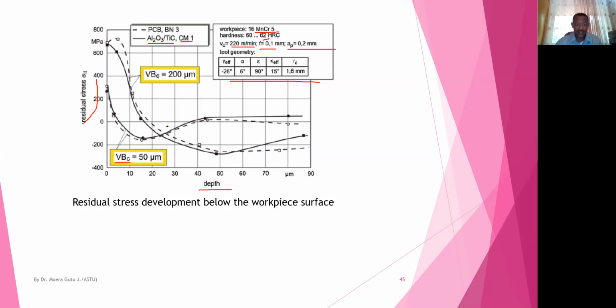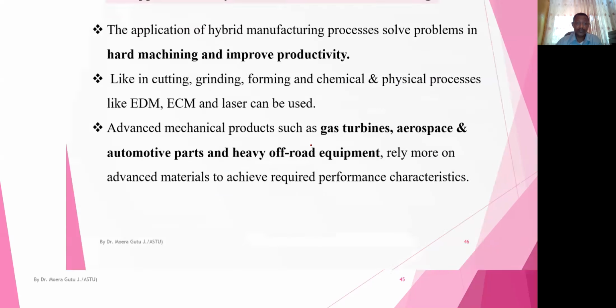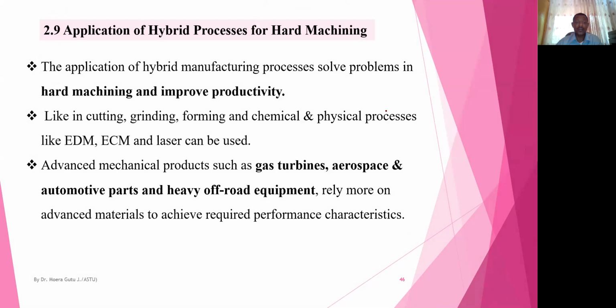But after reaching some optimized point, it rises again. So we have to reduce the formation of residual stress by different techniques: by preheating the workpiece material, and by using optimized cutting parameters. The third solution to reduce residual stress formation in machined surfaces is heat treatment.